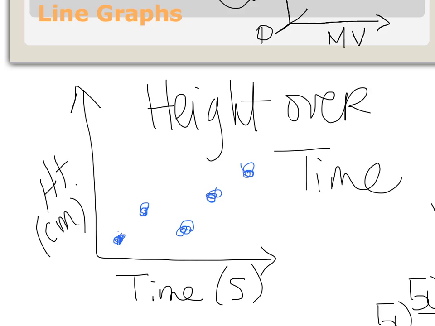Now, the inclination a lot of times is to connect the dots, which is not really an appropriate way to show a pattern in science. It's more appropriate to show a line of best fit.